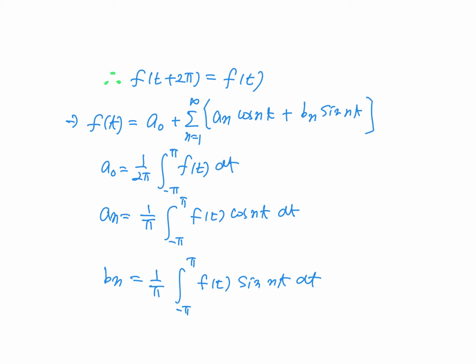But a period of 2 pi is very restricted, right? So we have a very good formulation, a nice formulation, I can say that. But what would be the problem for this formulation? Because we are assuming that the period is 2 pi. It's very restricted.